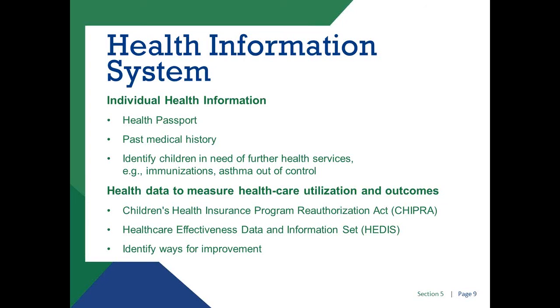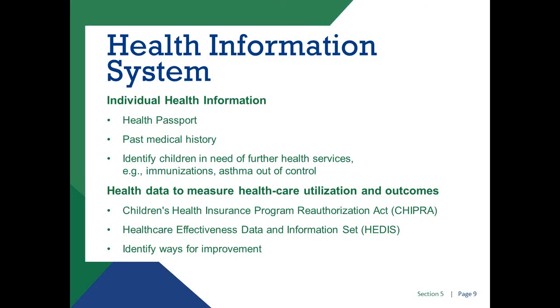The second thing that we can do is take our health data to measure how well this system is working: healthcare utilization, and to a certain extent, some health outcomes. Again, it's to be able to say, is this system working? What are the problems? When we looked at asthma, because that is the number one chronic disease our kids have, we drilled down to look at kids in home settings versus kids in congregate care.